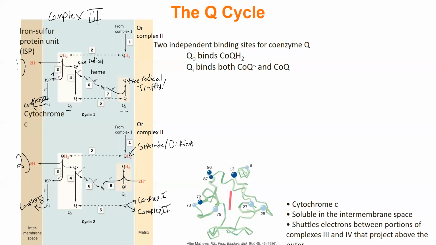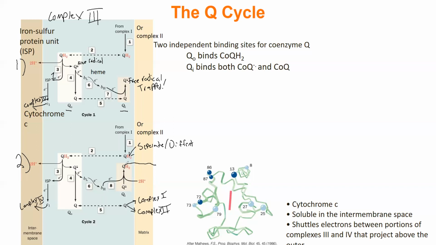But the electron that Q gave up goes to heme Bl, goes to heme BH, and it gives it to our free radical Q, which will also accept 2 hydrogens from the matrix of the mitochondria and form QH2. And once you're at QH2, you are free to leave.